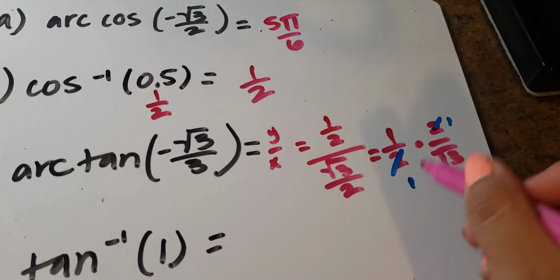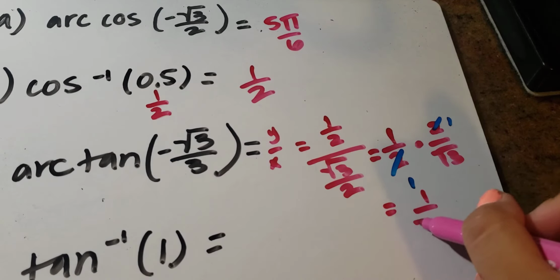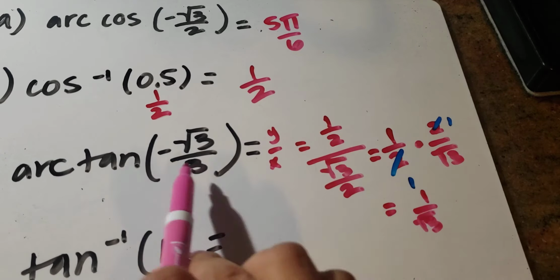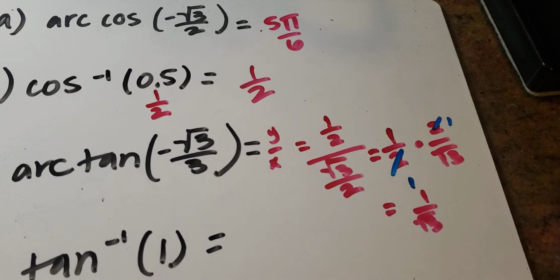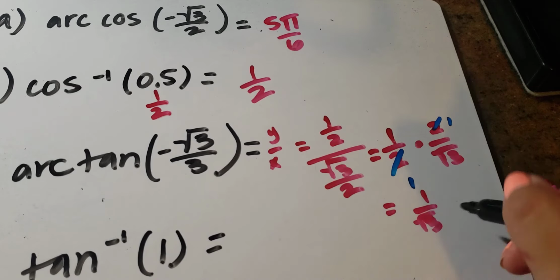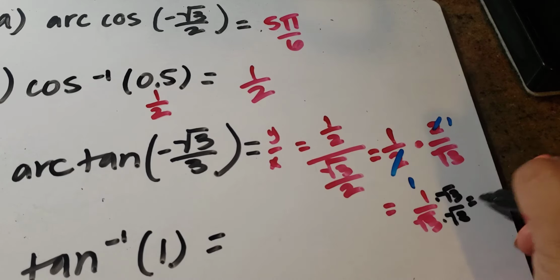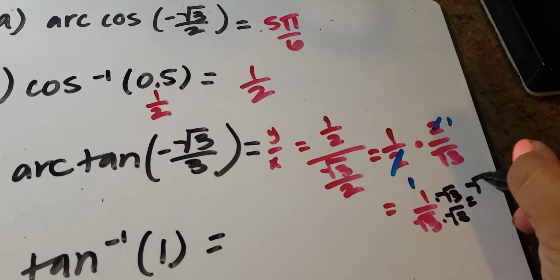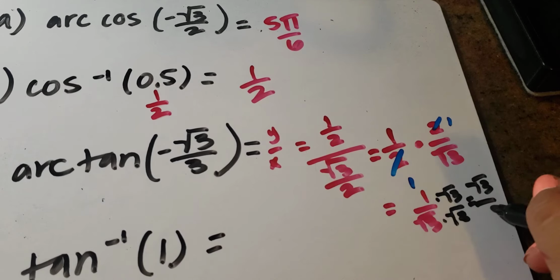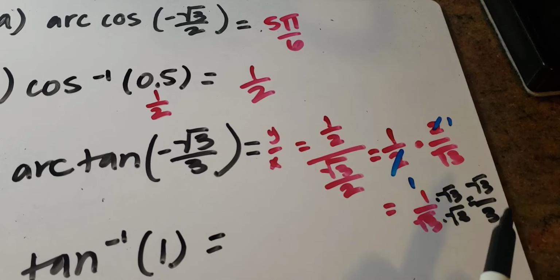It doesn't become 0. So now it's the same as saying 1 over radical 3. But you're not allowed to have radicals in the denominator, so it's the same as multiplying by radical 3 over radical 3. Then 1 times radical 3 is radical 3, and radical 3 times radical 3 gives me 3.